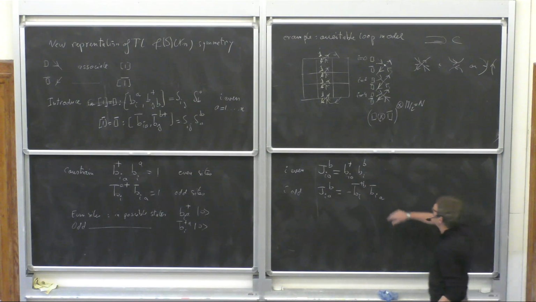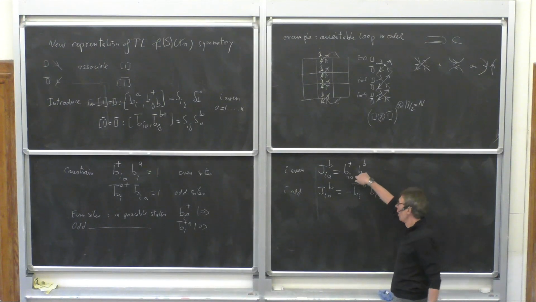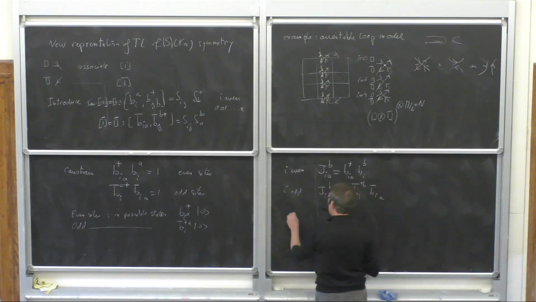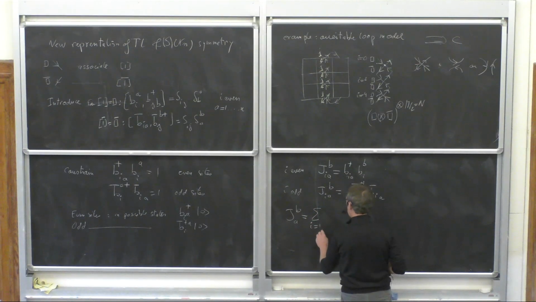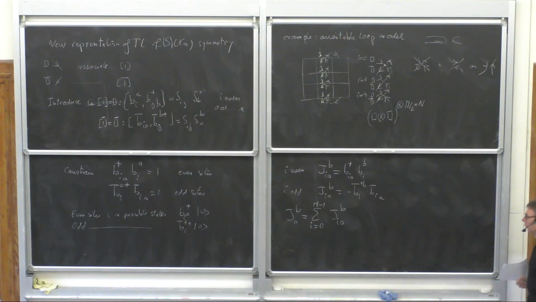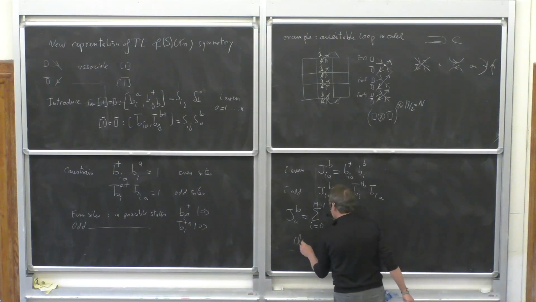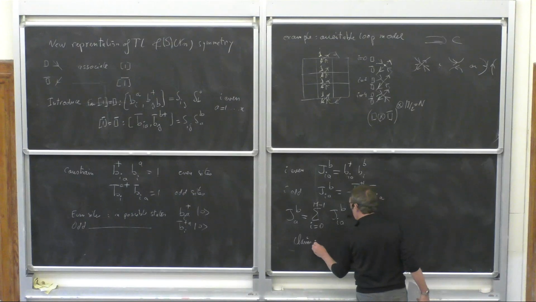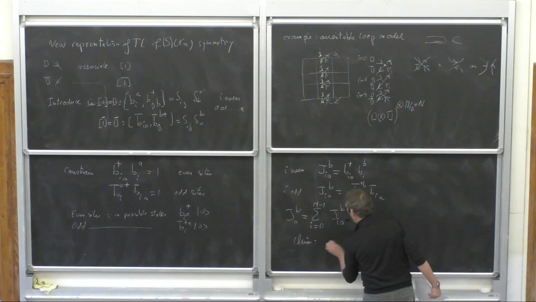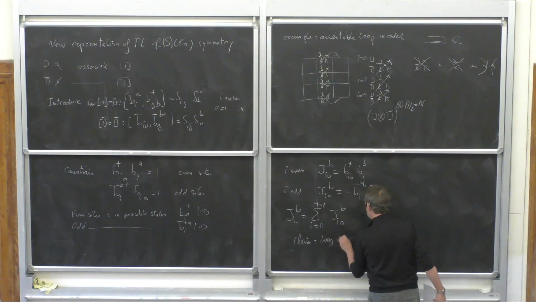So on even, I kill a B, I create an A. On odd, I kill an A, I create a B, and I put a minus sign. Okay. That's my definition. And then I say J^{AB} is the sum from i equals 0 to M minus 1 of J_i^{AB}. Claim: these generate SU(N) or U(N), or I should say rather, they obey defining relations of U(N).